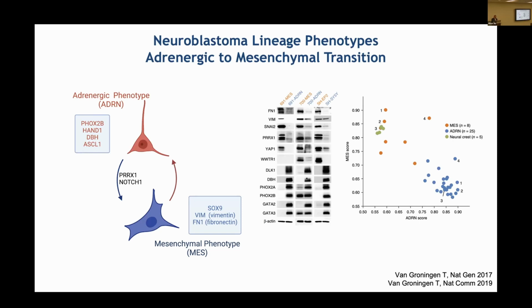The cell lines that we have from patients can be grown as isogenic cell lines that have either a mesenchymal phenotype or an adrenergic phenotype. And our cells in the co-culture with the TAMs and CAFs after 3 days really look like the mesenchymal phenotype in terms of their morphometry and shape.